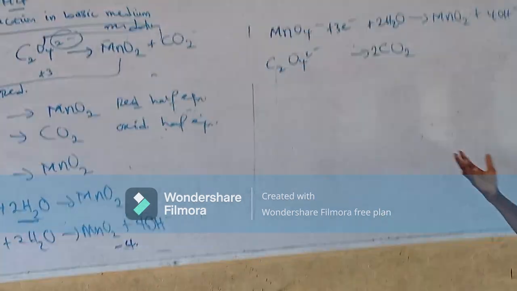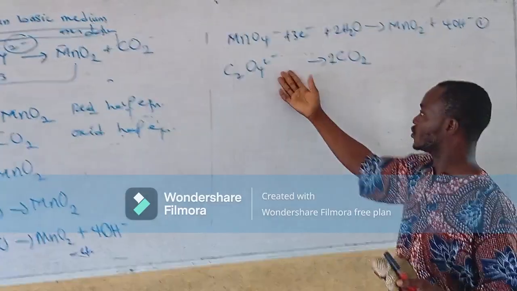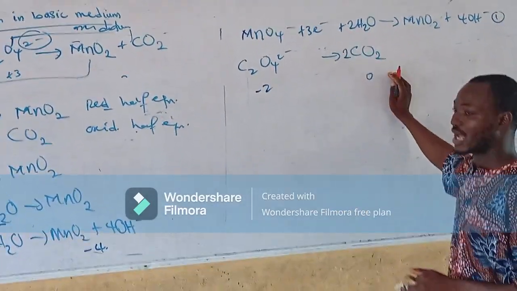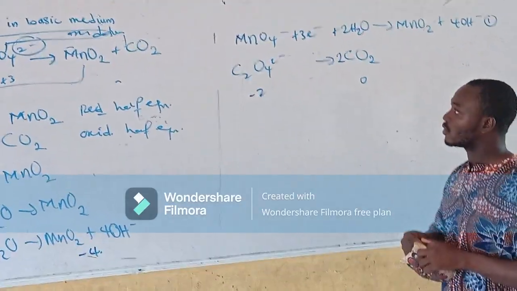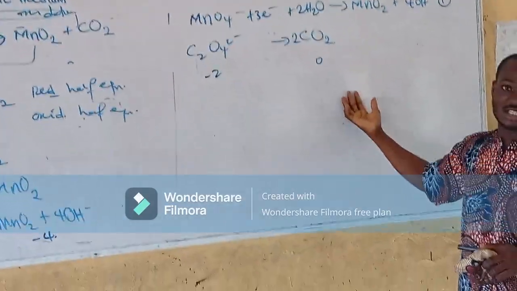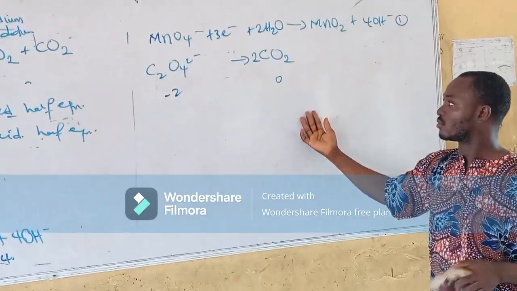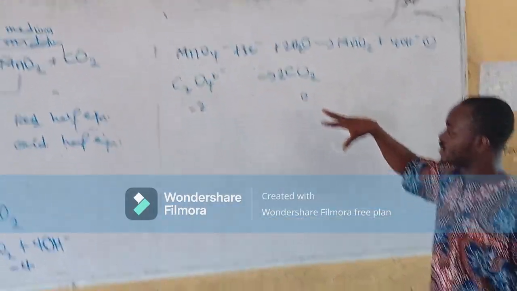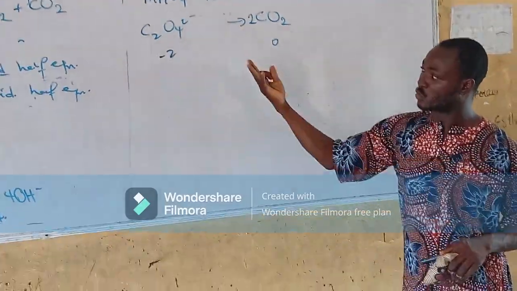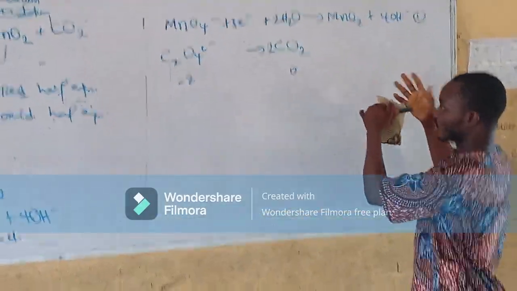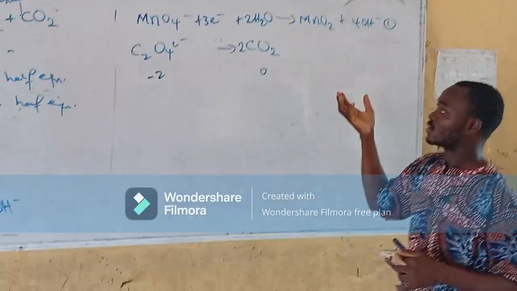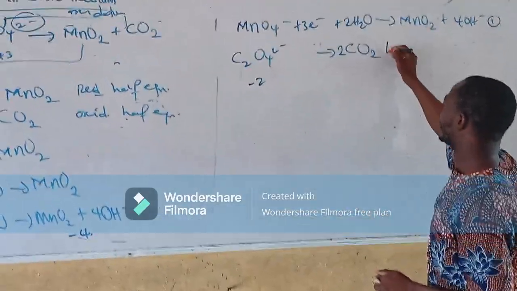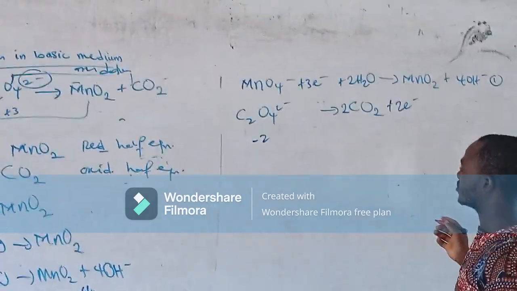For us to balance our charges, here we have -2 as our charge. Here there is no charge, we have 0. Let me ask you, electron is negative, true or false? True. And for us to add electron, where are we adding it to? Because here is -2, is it to the right hand side or to the left hand side? To the right hand side. We're going to have -2 to the right hand side, so we are going to have 2 electrons.